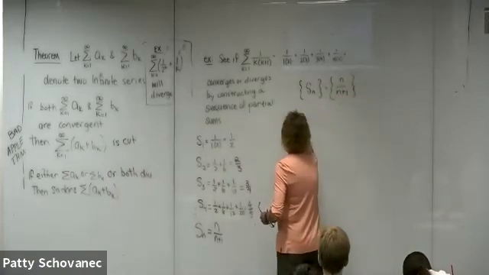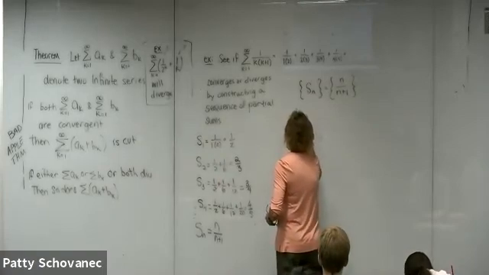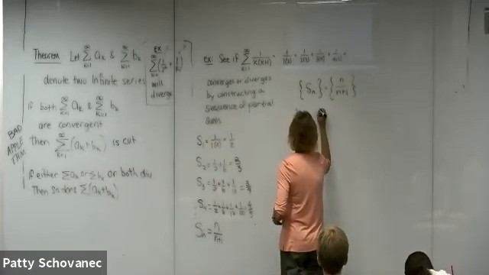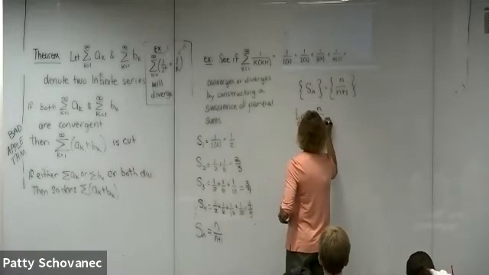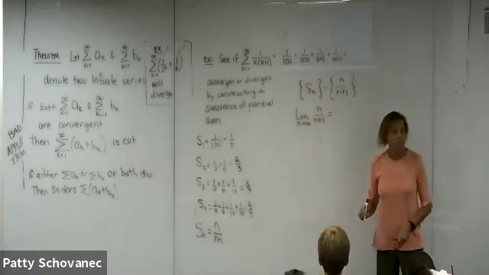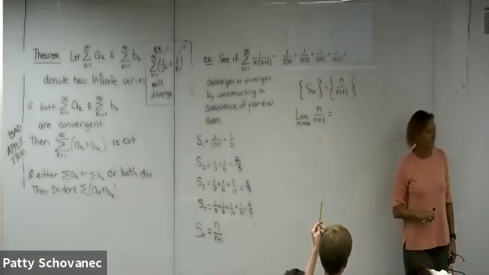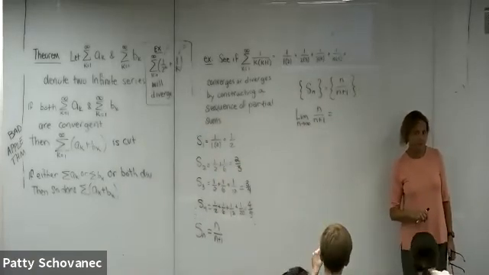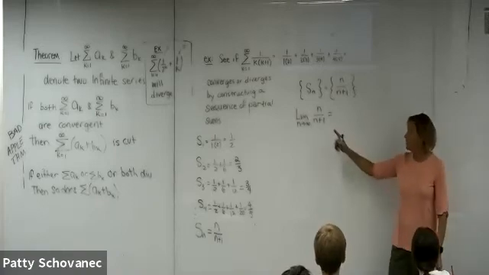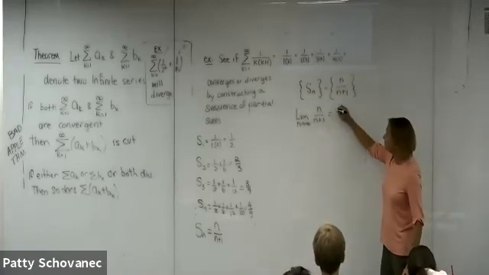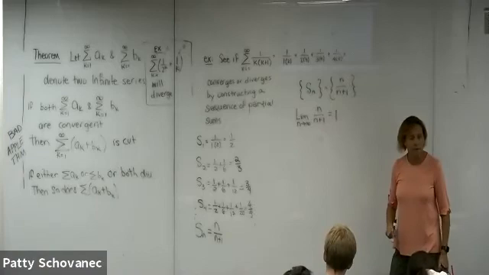Does that have a limit? Does the sequence converge? It's 1, because the ratio of the same powers, so the coefficients are both 1.